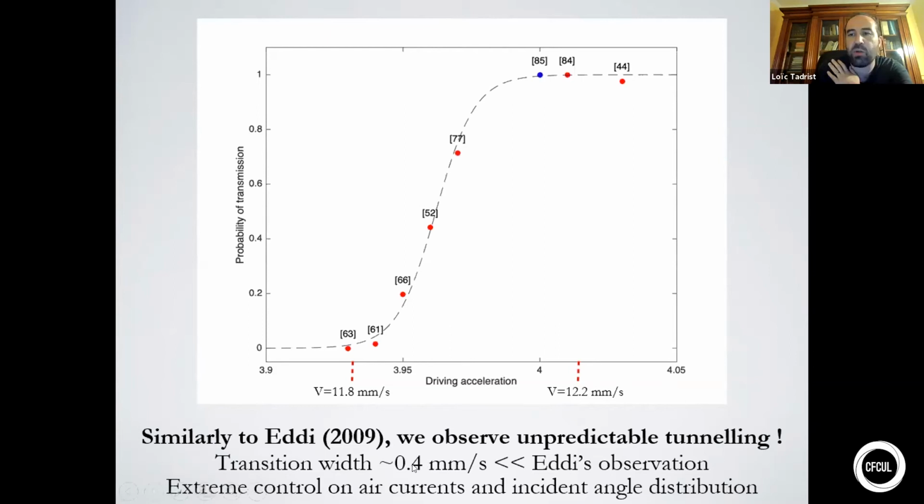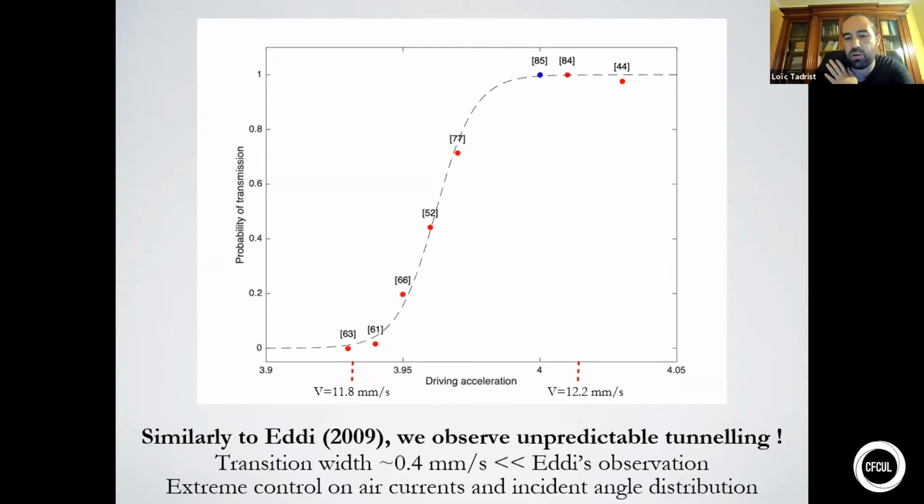But in our setup, the transition width is only 0.4 millimeters per second, which is 10 times smaller than Antonin Eddy's observation.